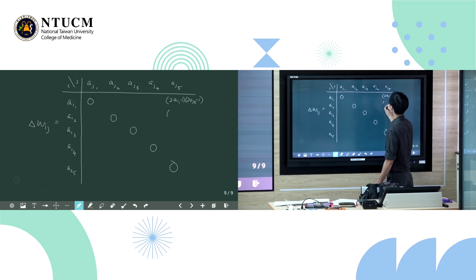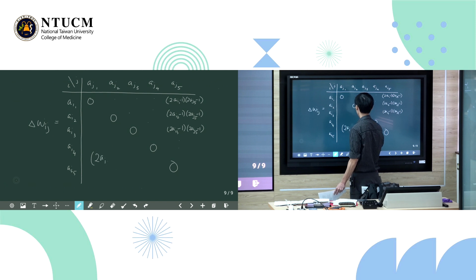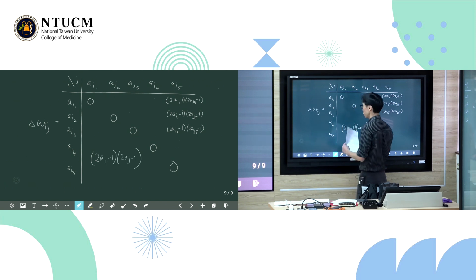And then this one will be 2AI_2 minus 1, 2AJ_5 minus 1, 2AI_3 minus 1, 2AJ_5 minus 1, etc., etc. You can fill up this whole thing, all right? Such that basically the off diagonals are these 2AI minus 1, 2AJ minus 1 terms.